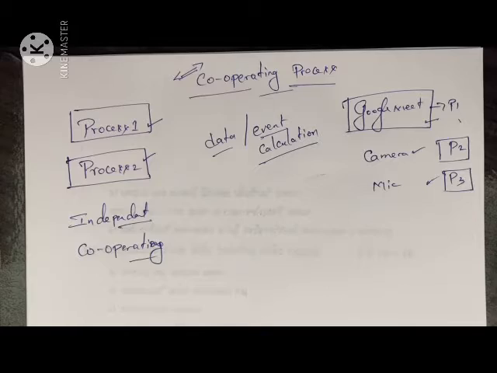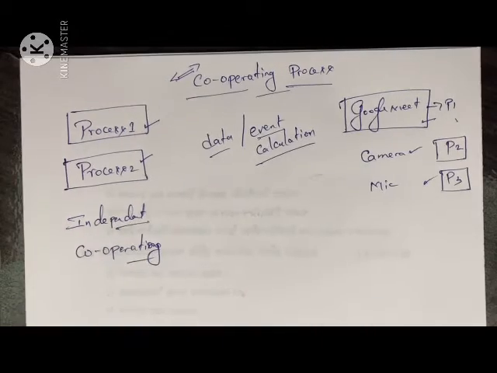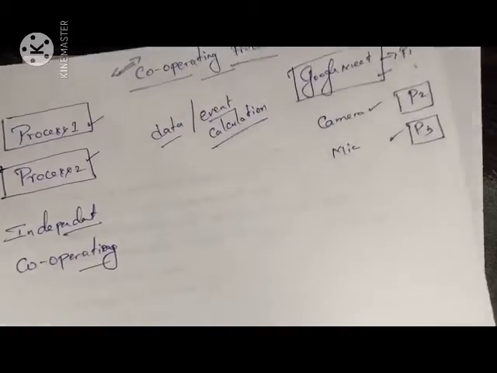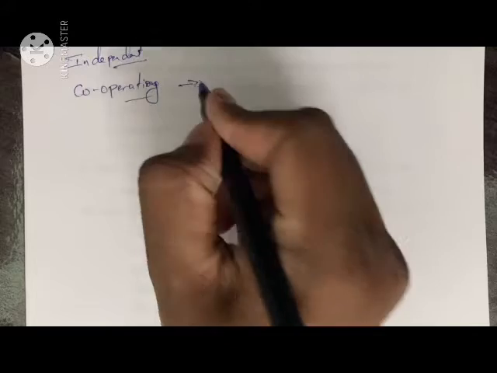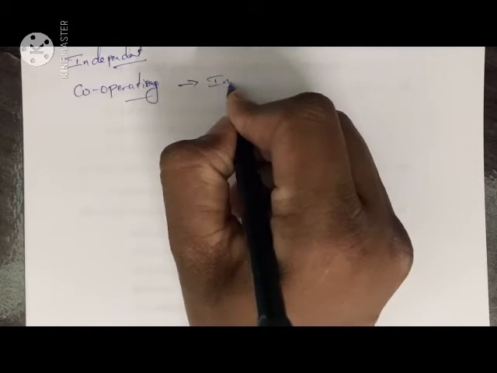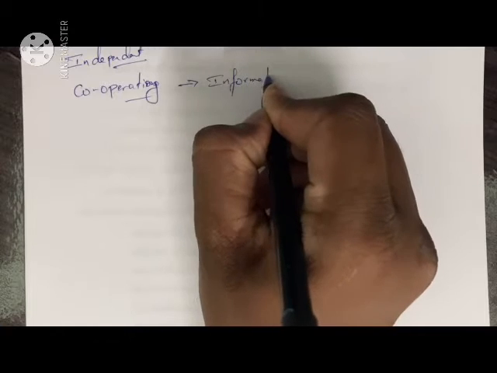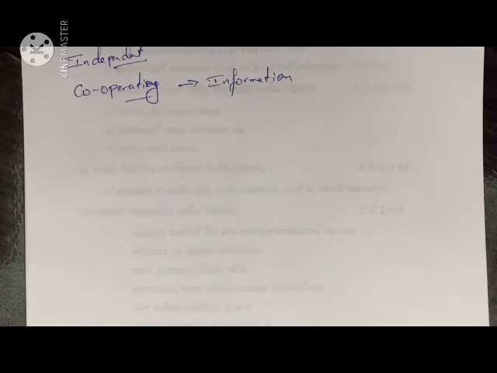Now, the cooperating process will be divided into several types, and we are going to discuss them one by one. First, some processes will be used only for sharing information. It is going to share only information between one process and the other process. As I told you, we have discussed the camera as well as Google Meet.